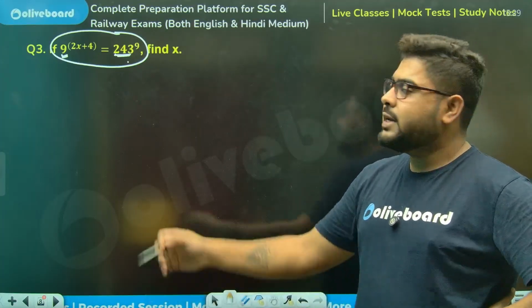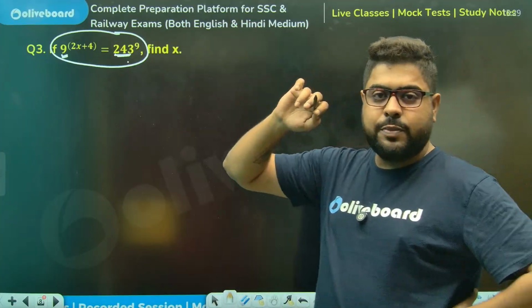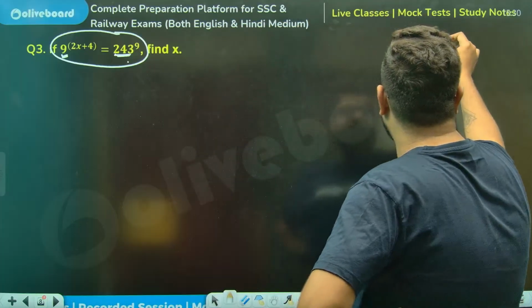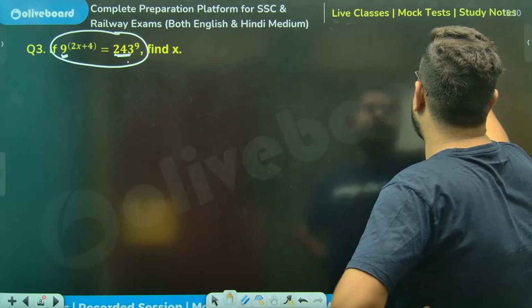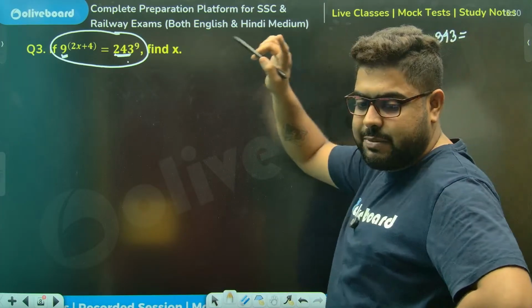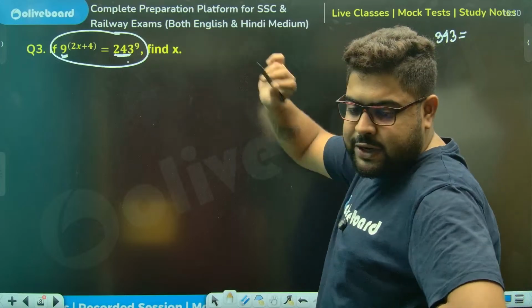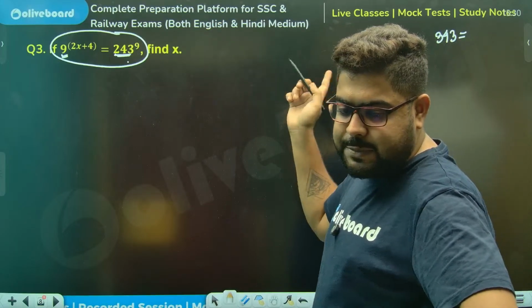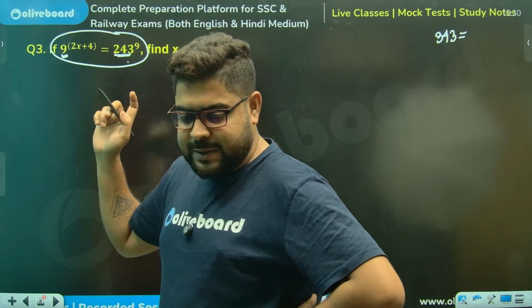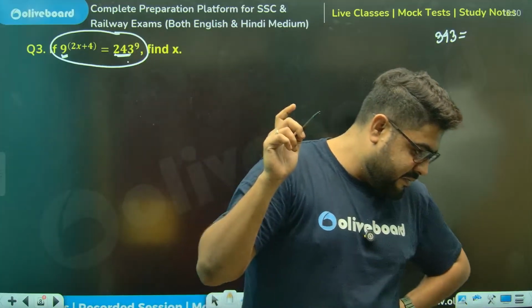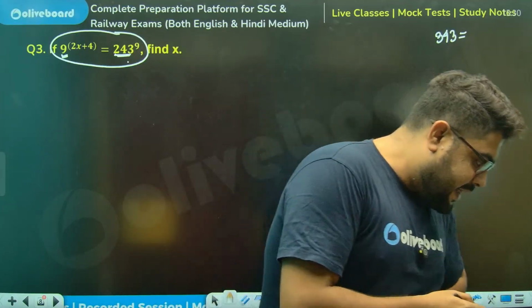243 is like 3 to the power 5. And again, if 343 comes, sir, can anyone tell me? 343 is also a very special number. 243 is 3 to the power 5, so why is 343 special? Jairam has given the answer.